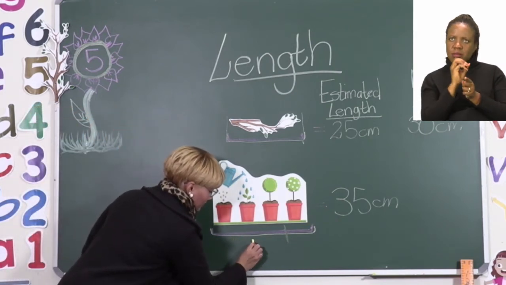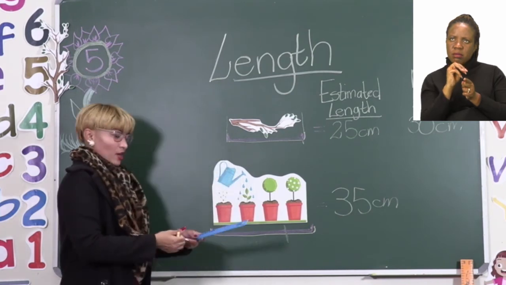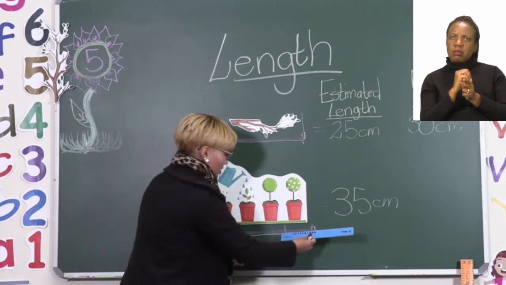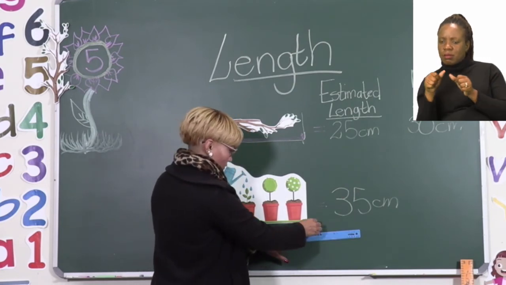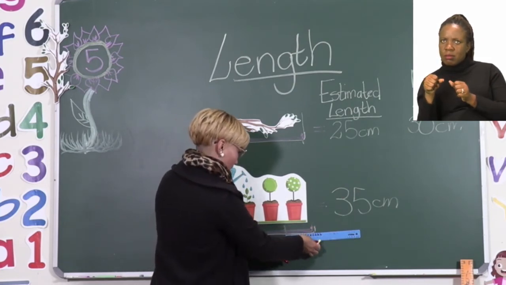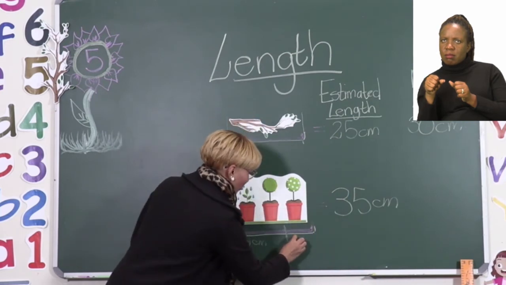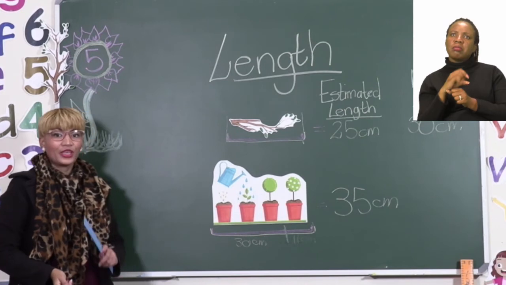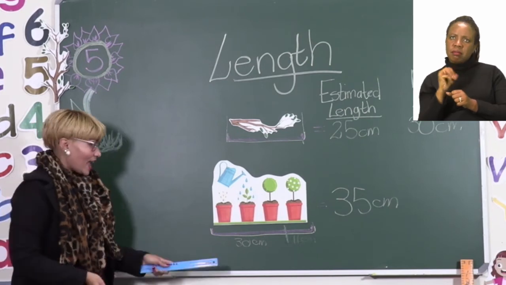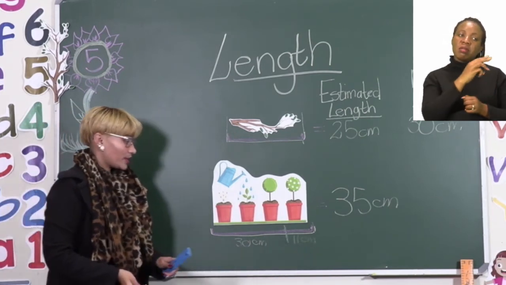I can also write it down. And then we take the ruler and we measure the rest of the length. So I see over here, this part equals 11 centimeters. Okay, now I have to go ahead and add it all together.